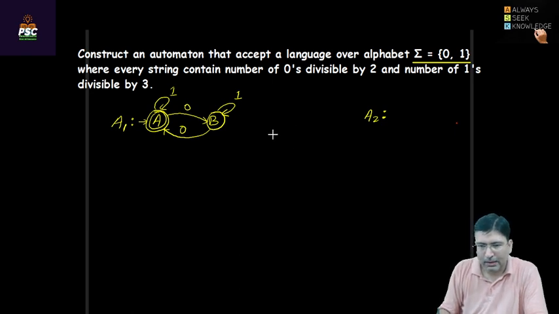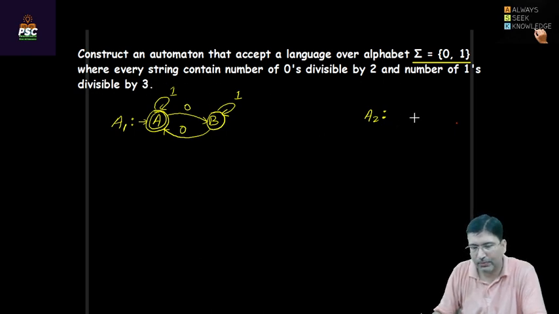Now I'm drawing another automata, A2, in which the number of ones is divisible by 3. Let's say the initial state is X. If the number of ones is divisible by 3, the number of ones can be 0, 3, or 6, right? Since the number of ones can be 0, the initial state X needs to be final as well.